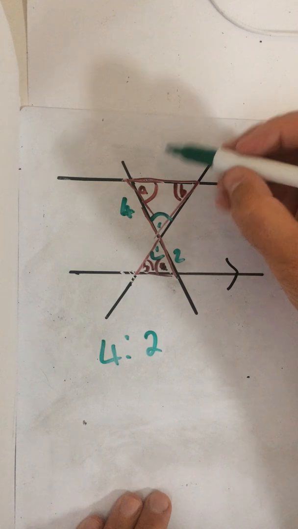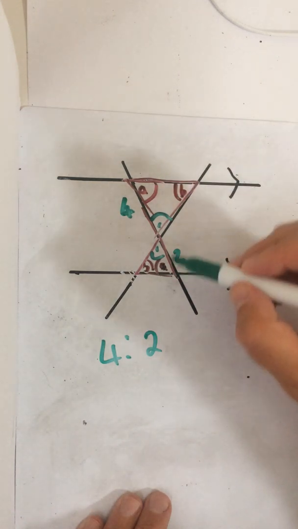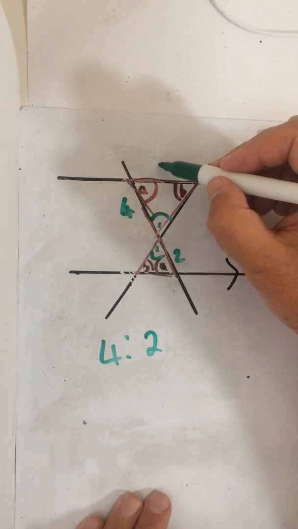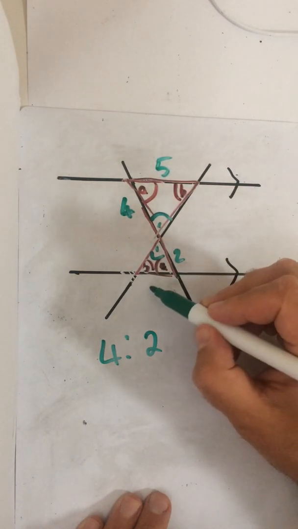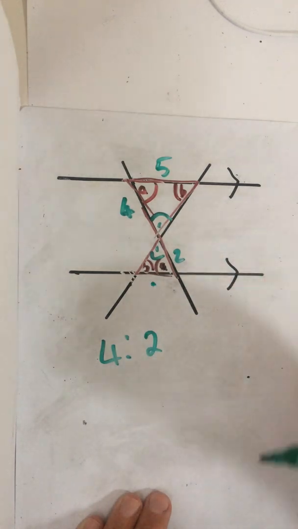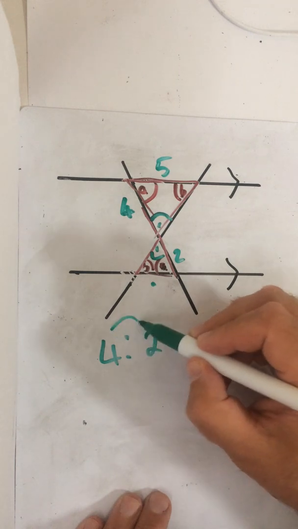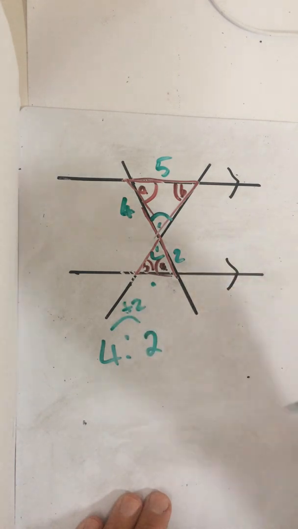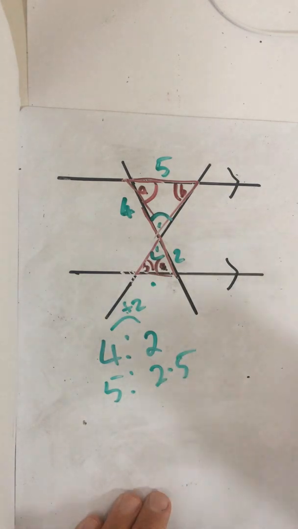And if this happened to be 5 there, we could work out that this one here is going to be 2.5, because we can see the ratio there is times by 2, or in this case dividing by 2. So that's 5, that would be 2.5, and so on.